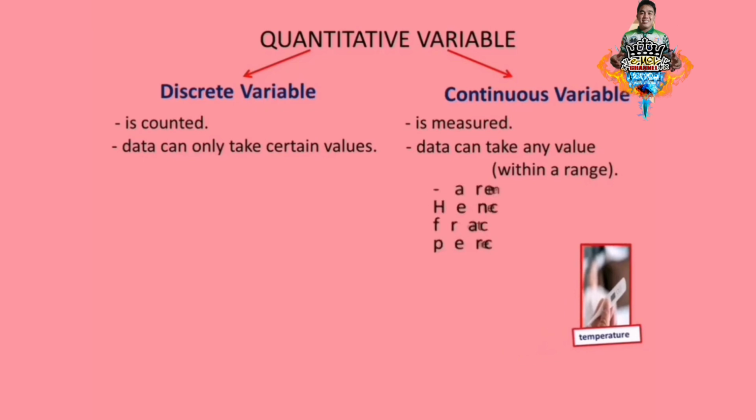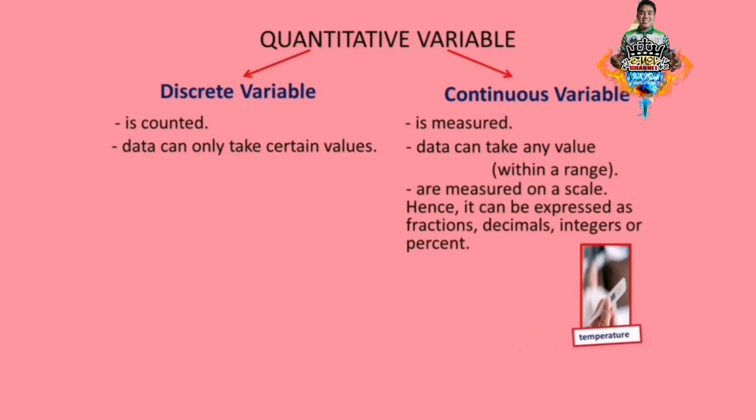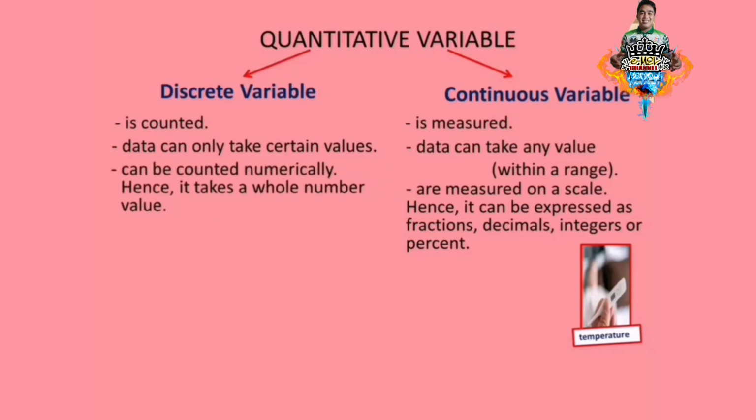In short, continuous variables are measured on a scale, hence they can be expressed as fractions, decimals, integers, or percent. So in this case, we can have 37.2, 37.3, 37.4, and so on. While a discrete variable can be counted numerically, so it takes a whole number value.